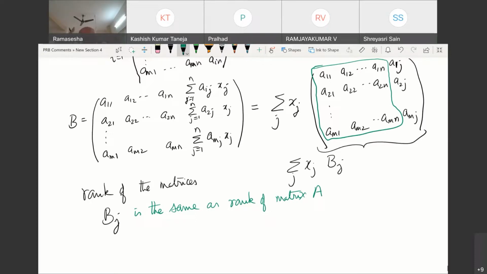Because what happens is that the new determinant is going to be non-zero.